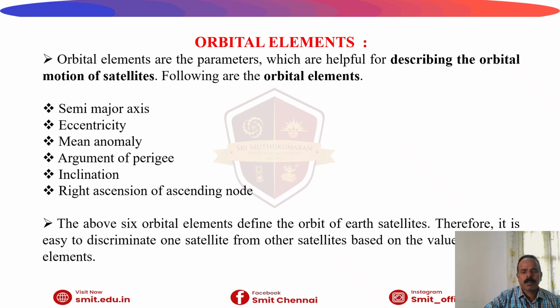Then the inclination angle, for both the satellite and the Earth station, is very important, because the inclination provides very good coverage. The right ascension of the ascending node gives the satellite's rotational position. So these are the vital parameters to be taken into account.